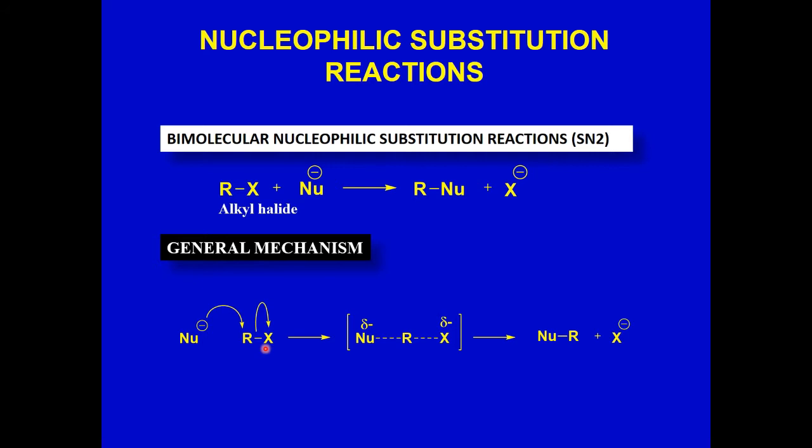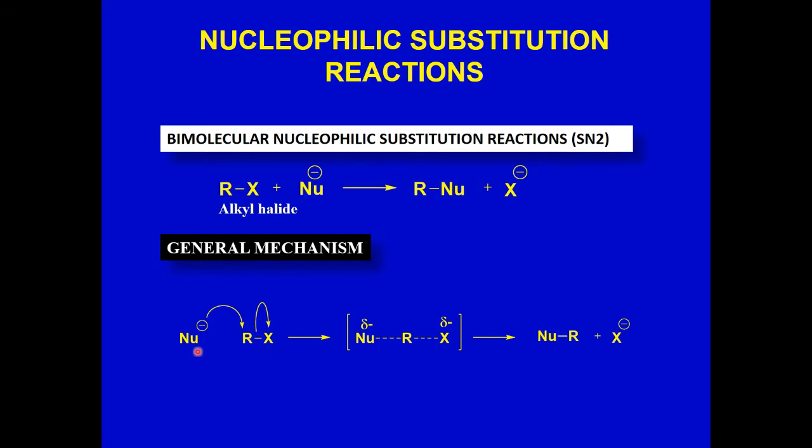As you know, there is a difference of electronegativity between the carbon and the halogen, carbon having lower electronegativity and halogen being the more electronegative atom, so carbon will be slightly electron deficient because of the electron pull exerted by the halogen.